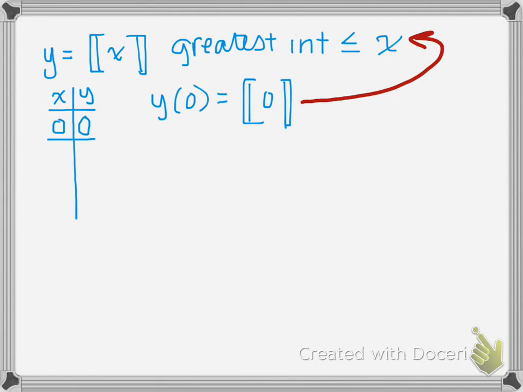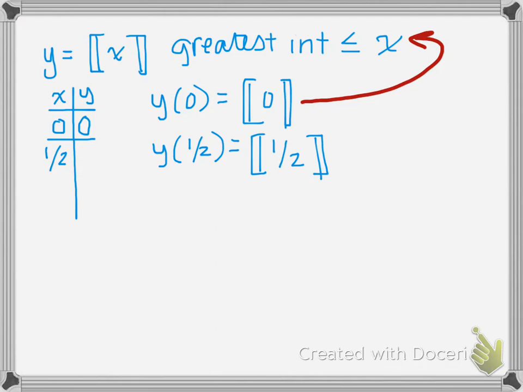Now, in order to have a good appreciation for this, we're going to have to look at some fractions. So let's take 1/2, and then I plug in the 1/2. Evaluating that, let's ask ourselves that question. What's the greatest integer that is less than or equal to 1/2?